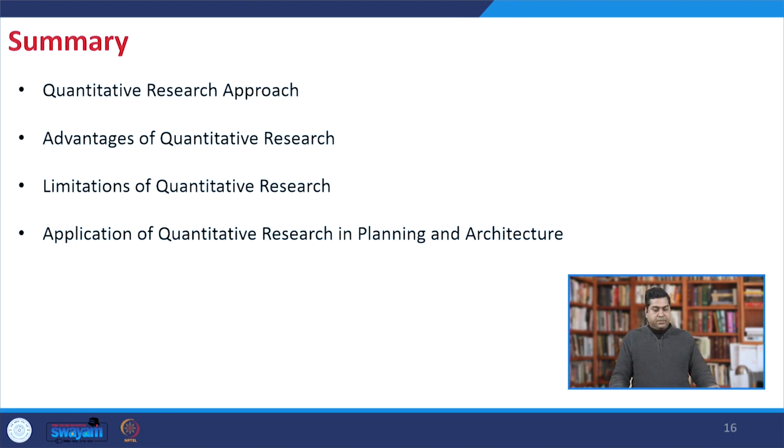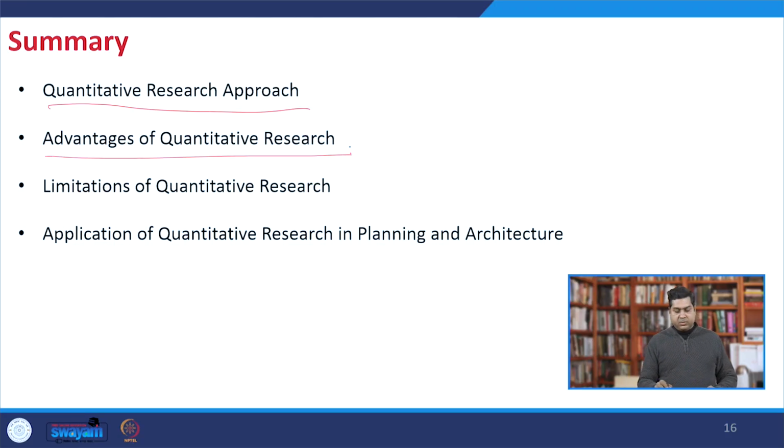To summarize this particular lecture, we have understood that the quantitative research approach is a systematic approach of collecting and analyzing numerical data, providing some sort of insight about the data, and it can also help to predict for the entire population.